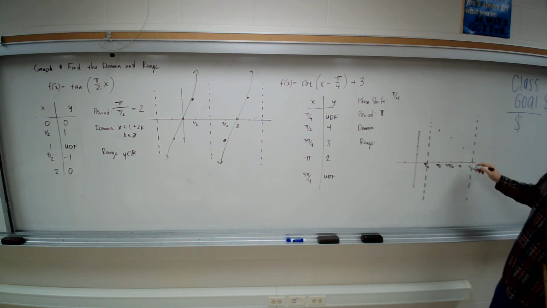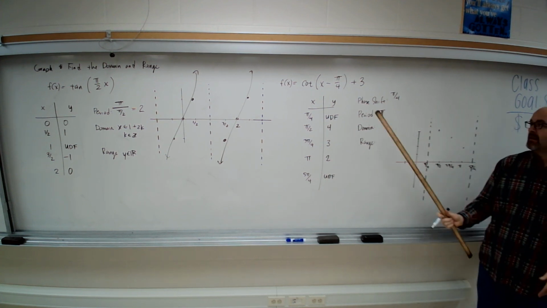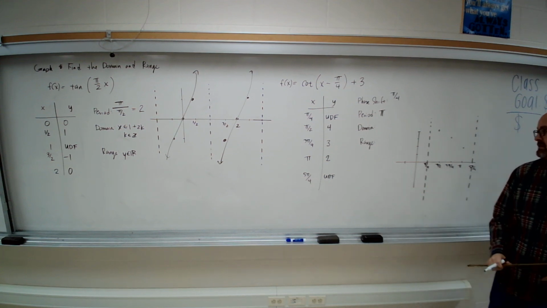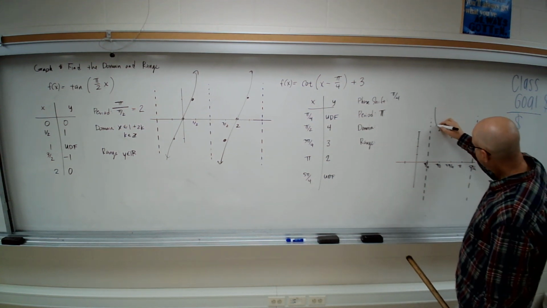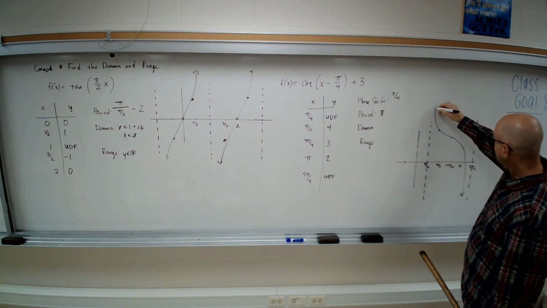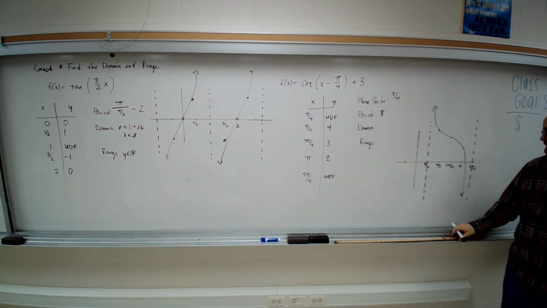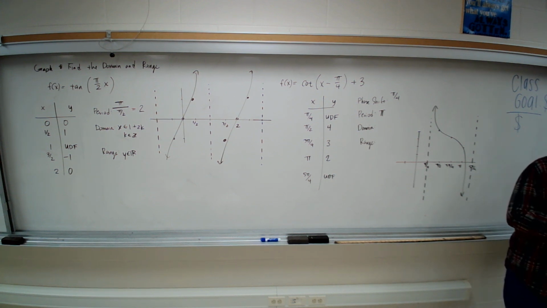So we're still going to see that same shape we saw before, but because there was a plus 3, the whole thing is just shifted up 3 units. So to graph one period here, it's going to look something like that. Does that work for everybody?